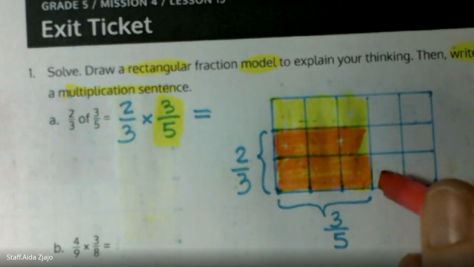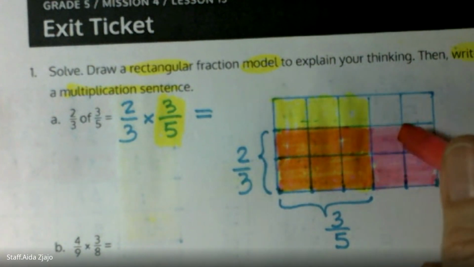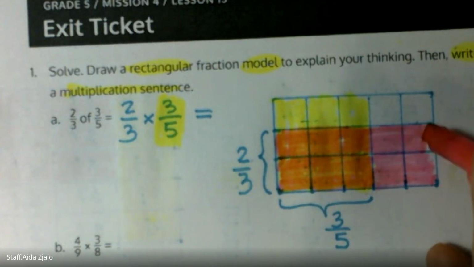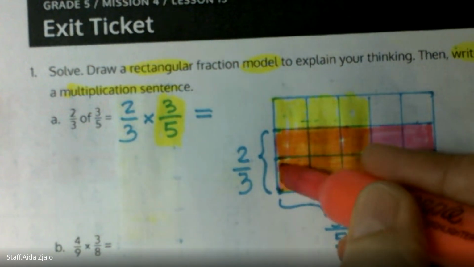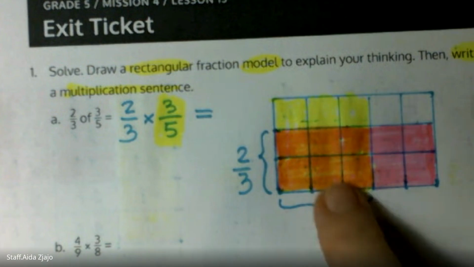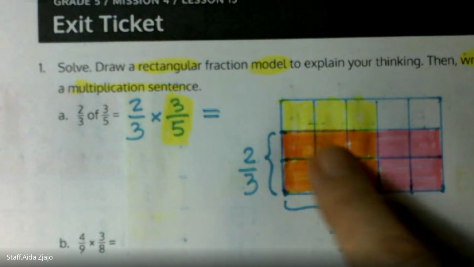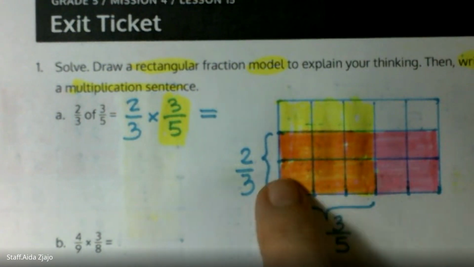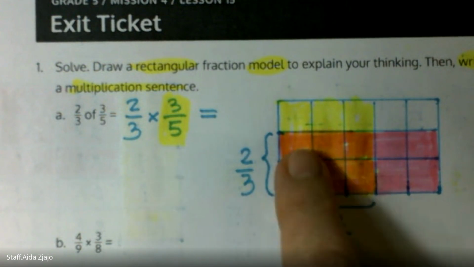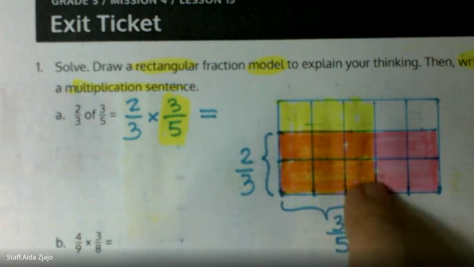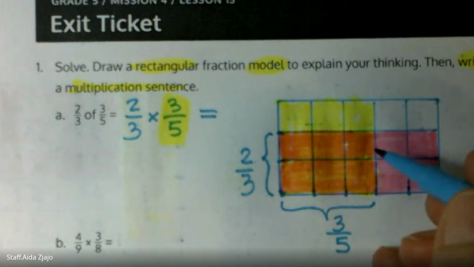I usually color all the way through, but you can see that the answer is actually the orange part, because the shape of 1/3 represents all the way to there. But this is the yellow part, and that represents 2/3 of this part. So now we can see what the answer is.